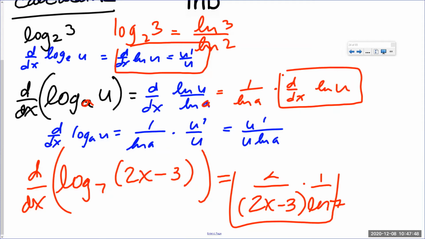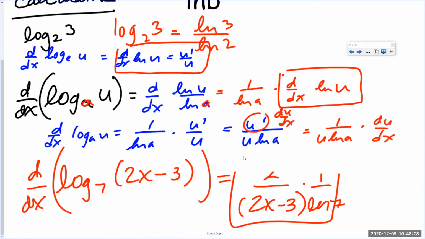And just like your other formula, this can be written as, this is really du dx, right? And remember, numerators can bounce out. So this is actually the same as 1 over u ln of a times du dx, okay?